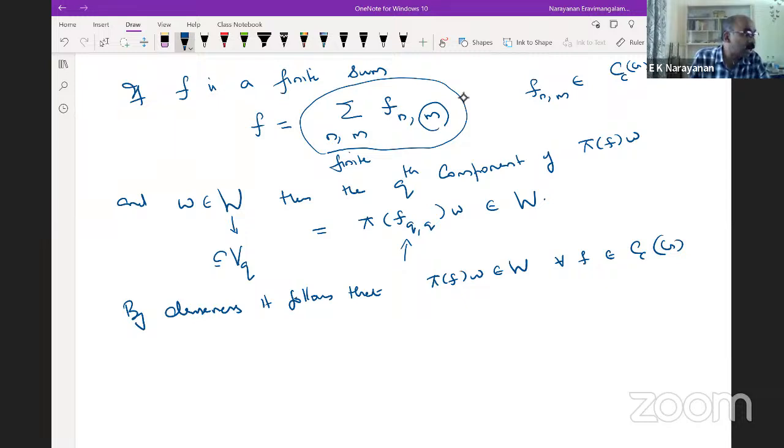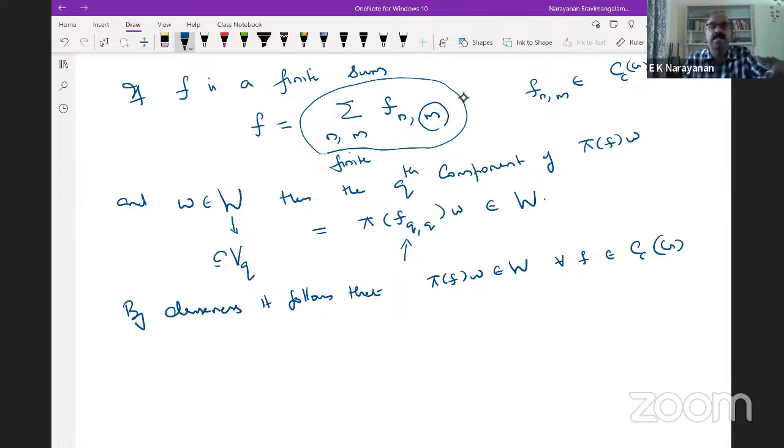But then this is a contradiction. So what is the contradiction? I'm starting with an irreducible representation. So if I start with an irreducible representation pi on V, it is irreducible for C_c(G) as well, right? That was one of the first things we did.